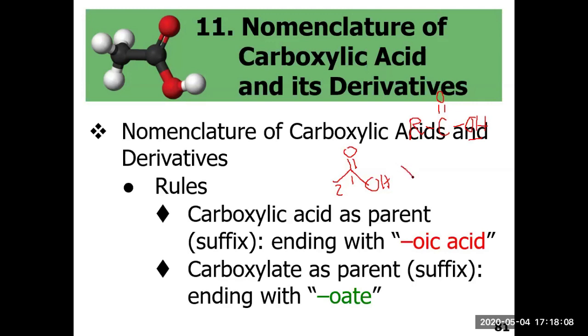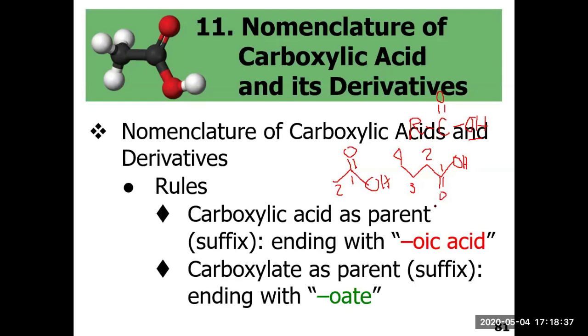So for example, if I have this carboxylic acid, this is carbon number 1. The carbonyl carbon is always carbon number 1, and then this is carbon number 2, this is carbon number 3, and carbon number 4.